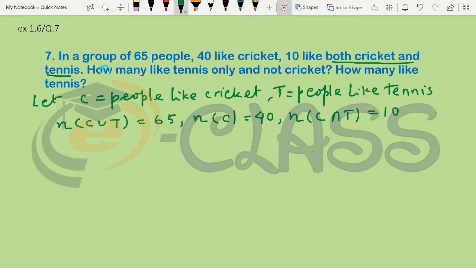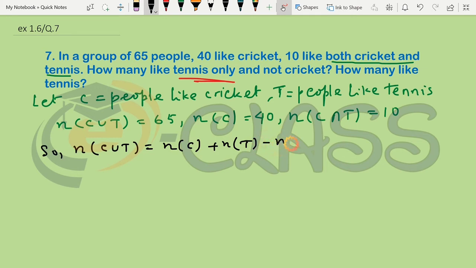Now, like tennis only. We have to find n of T. So n of C union T equals n of C plus n of T minus n of C intersection T. So we get 65 equals 40 plus n of T minus 10.